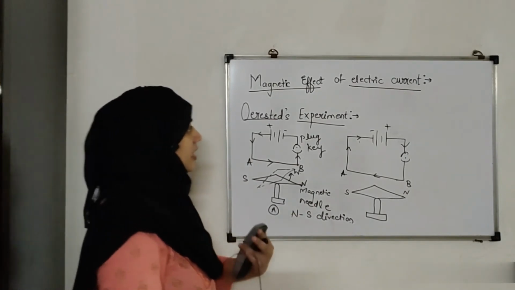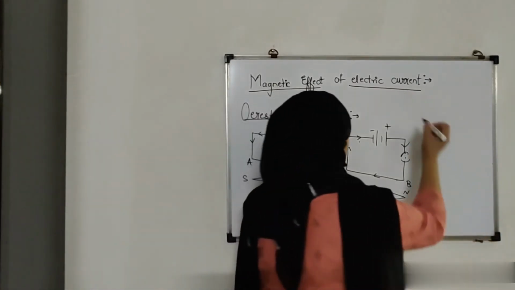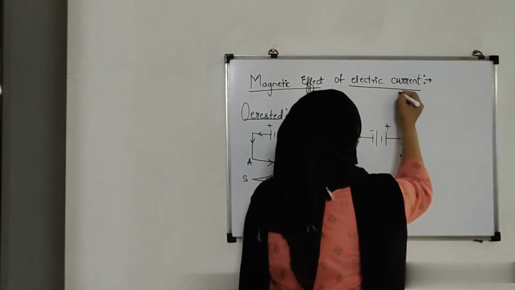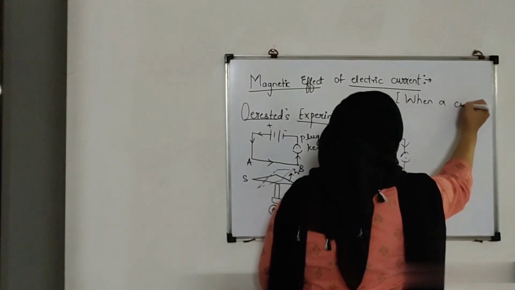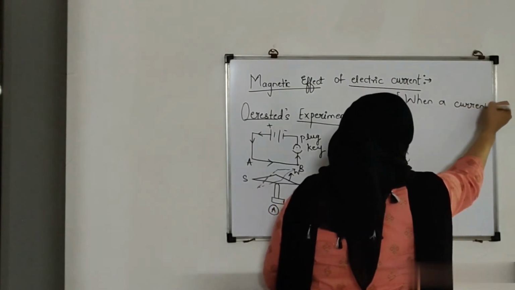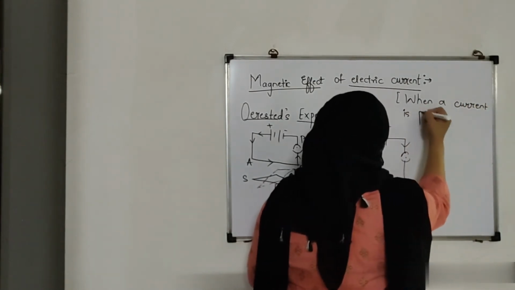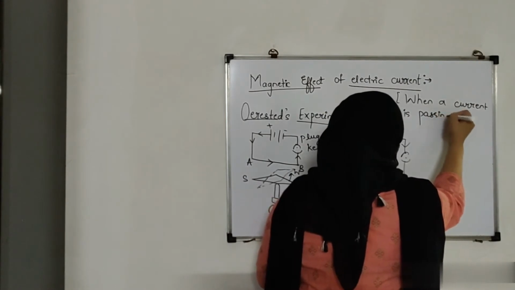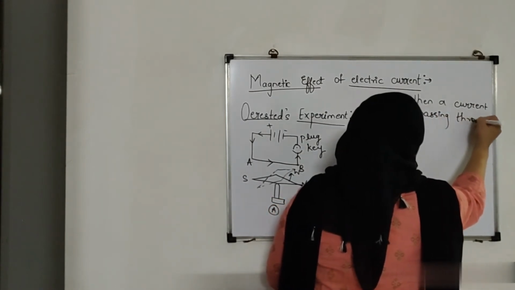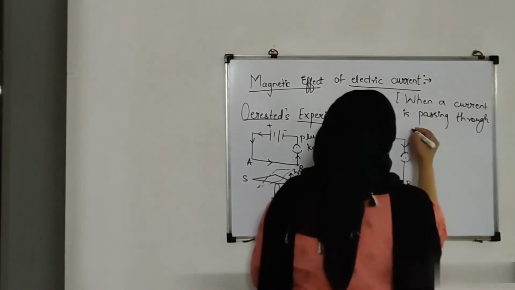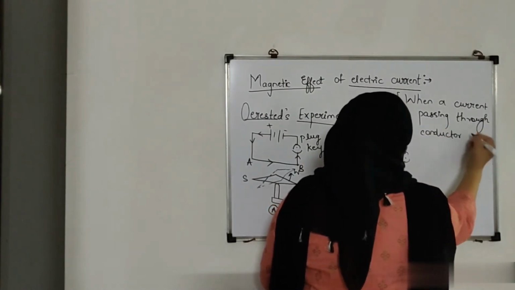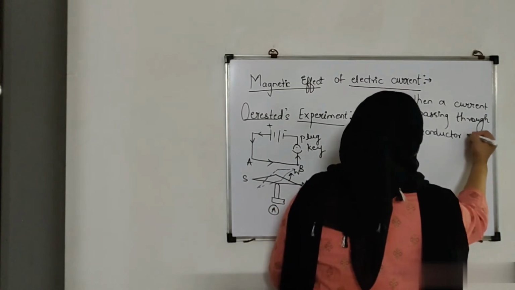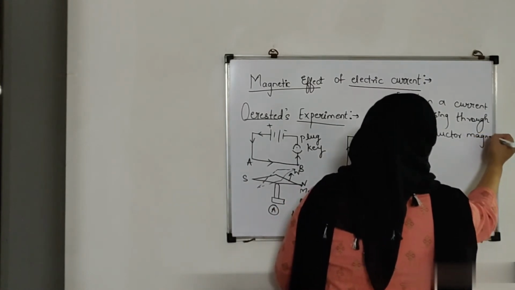So whenever there is a current passing through a conductor, a magnetic field is produced around it. That is called the magnetic effect of electric current.